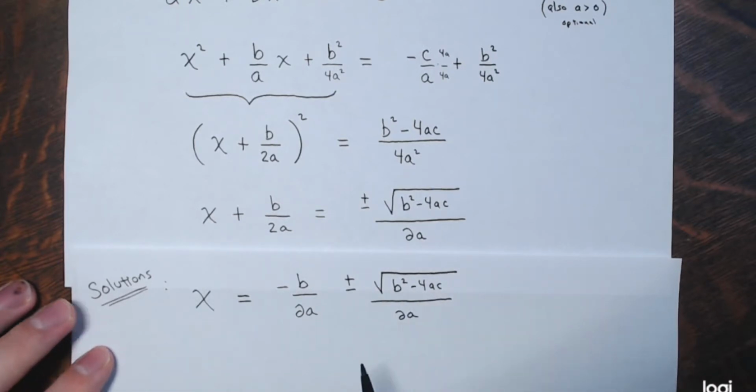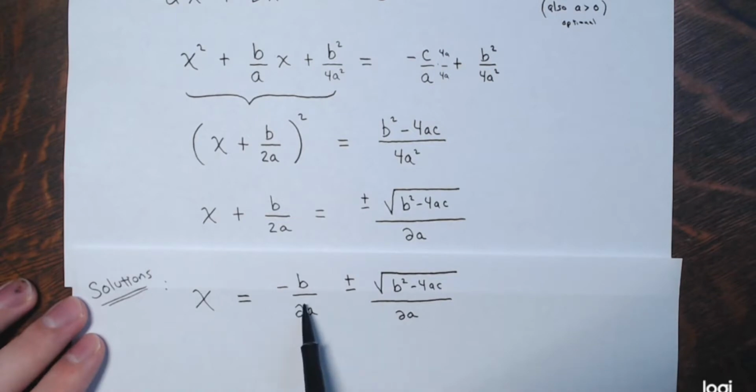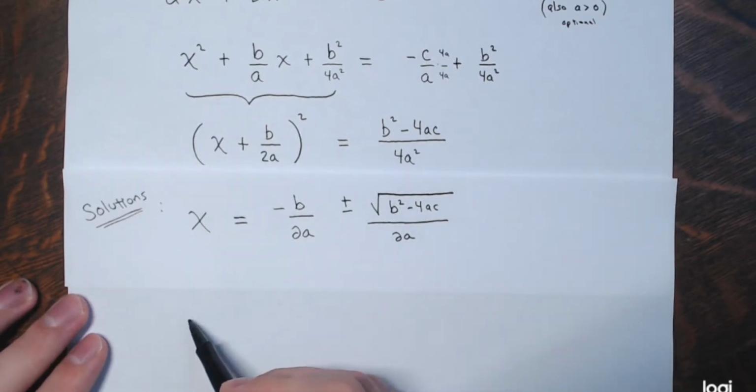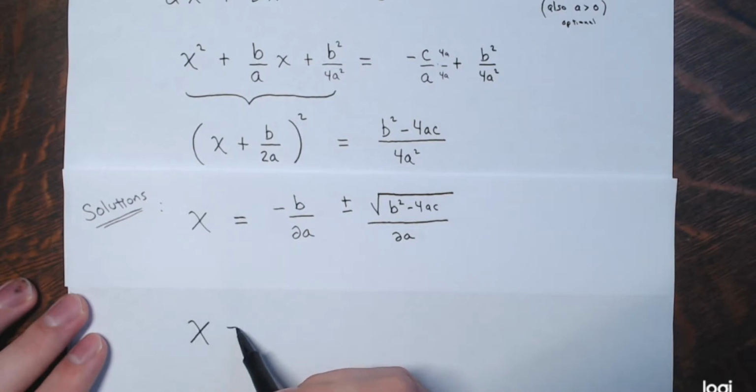And you might notice that both these terms here have the same denominator of 2a, so those can be put together. And we get what's called the quadratic formula.